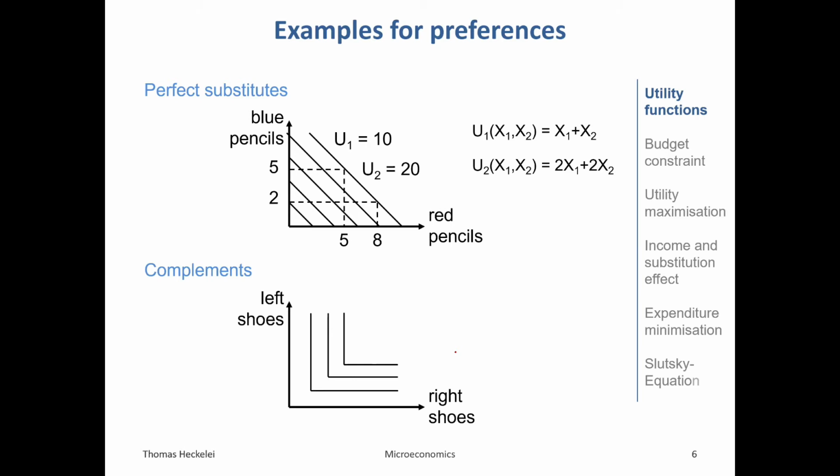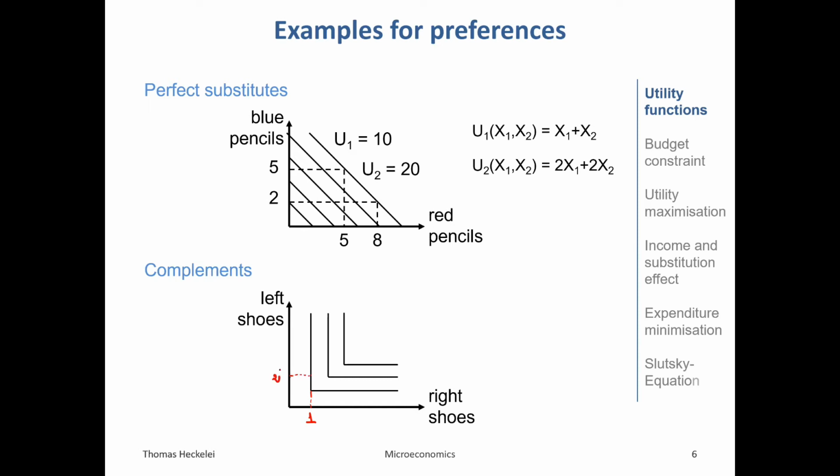Why? Let's think about it for a moment. While we're looking at the form of the utility function, in this case the form will be U equal to the min of X1 and X2, whichever is smaller. So now let's think about it. Assume you have only one right shoe, so you have one right shoe here, and you have two left shoes.